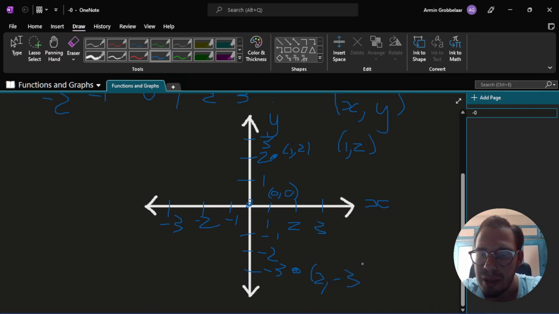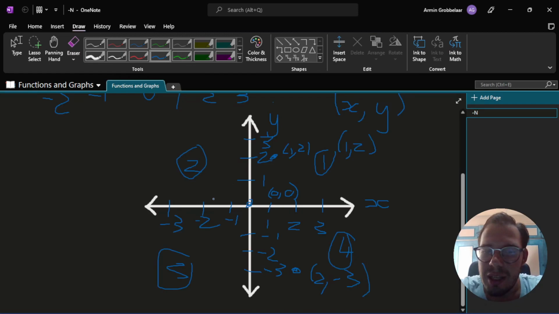Then we can do the same for each quadrant. So we usually have, this is the first quadrant, the second quadrant, the third quadrant, and the fourth quadrant. So let's say we have the point -2, 3. Then we go to the negative x-axis on the left-hand side, so -2, and we go up 3.